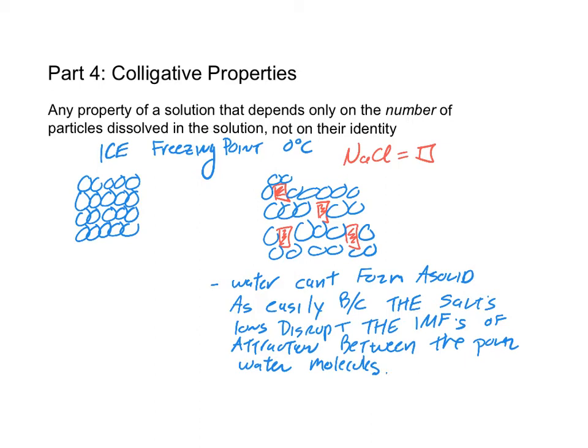Okay, so water sticks together because of hydrogen bonding, but it's also a polar molecule, and so the intermolecular forces of attraction get disrupted when we add a little bit of salt. And as a result, when you add salt, for example on the road, we change the freezing point of water from 0 degrees Celsius, which is pure water, to the freezing point of the solution.